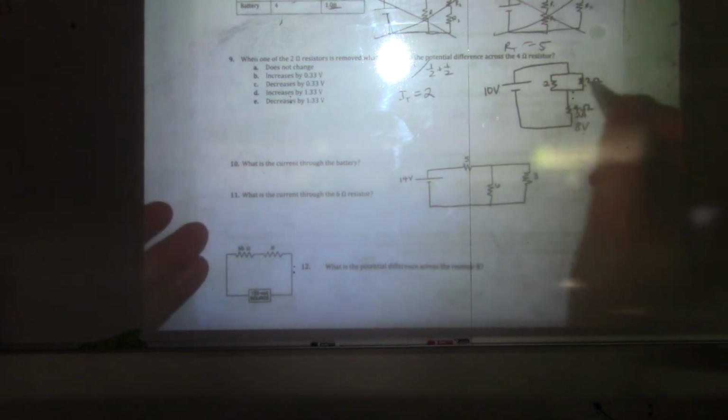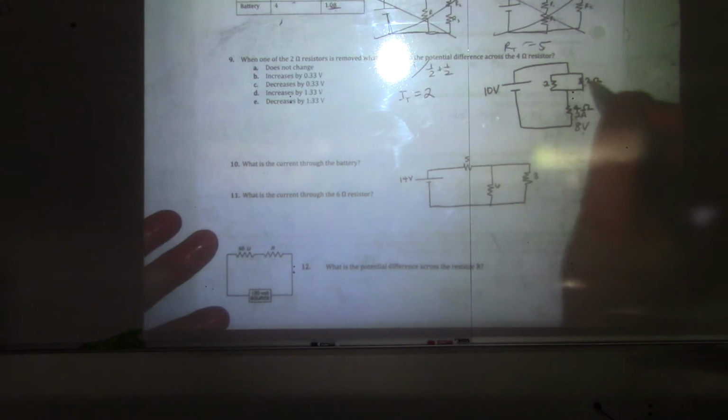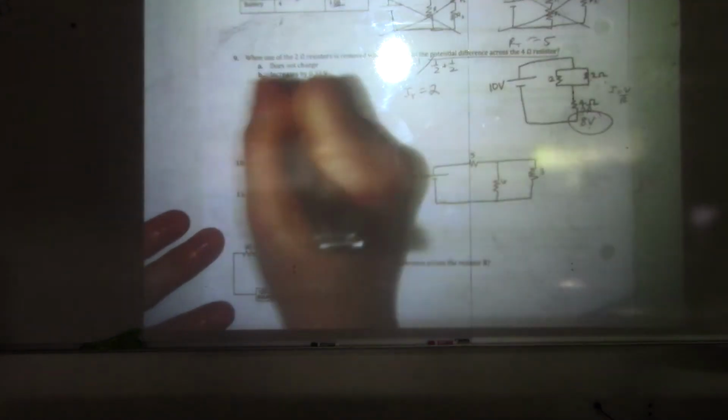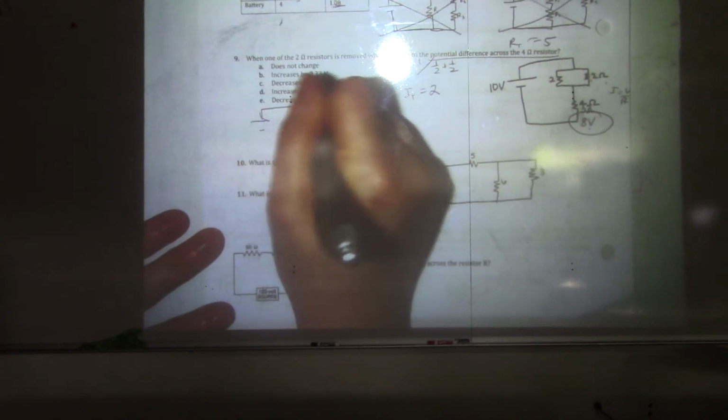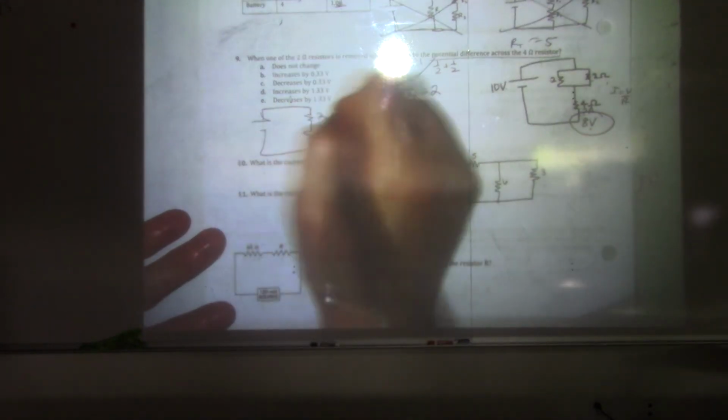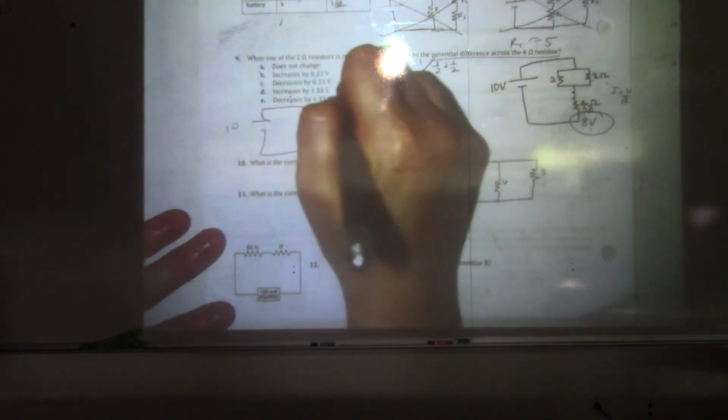Now, you can find these, but if we're trying to be careful with our time, I actually don't need them. I just care about the potential difference across the 4 ohms. So first it's 8. Now I'm going to take out one of the 2 ohms, so that it's just 1, 2, and 1, 4 ohm. R total now is 6.